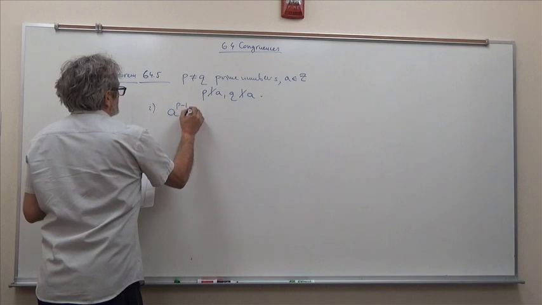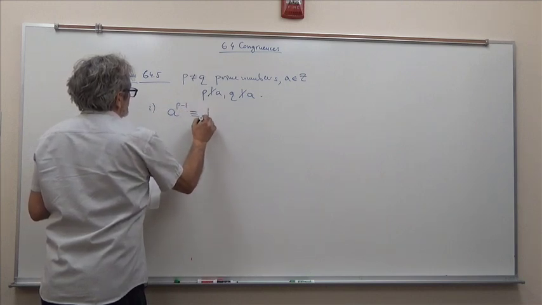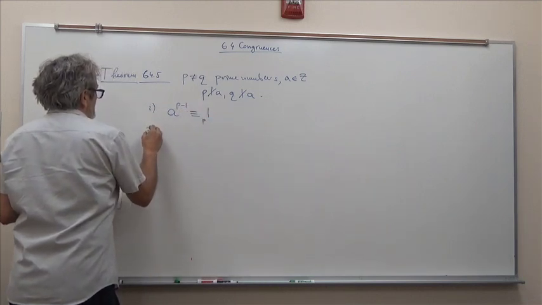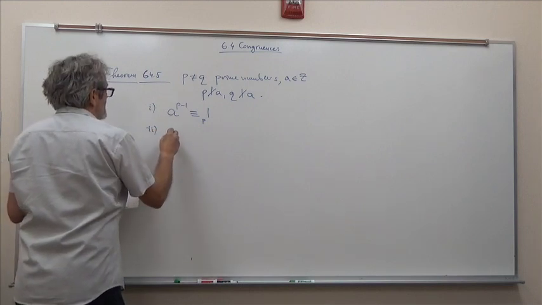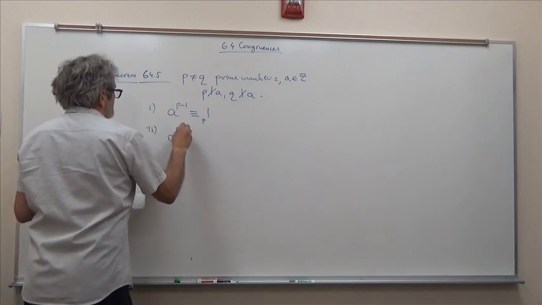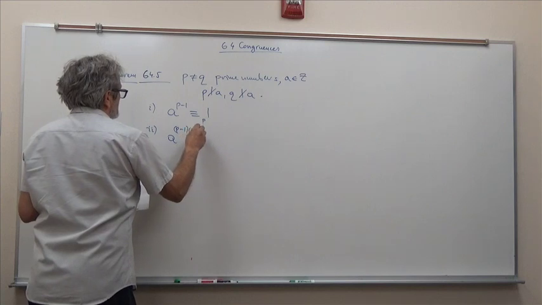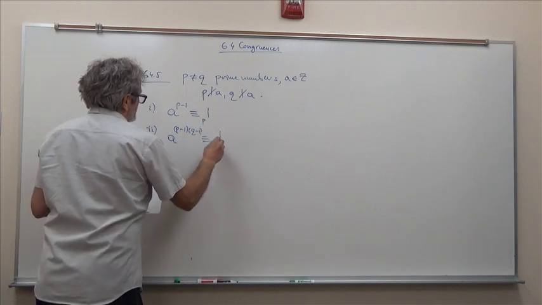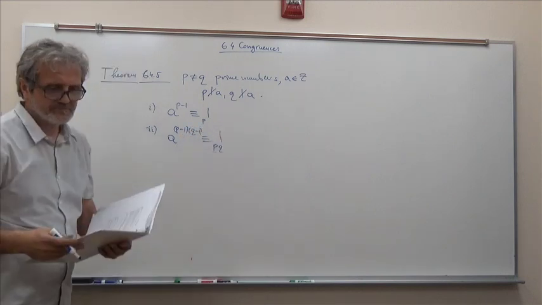A to the P minus 1 is congruent with 1 modulo P. And the second one, A to the P minus 1, Q minus 1 is congruent with 1 modulo PQ.